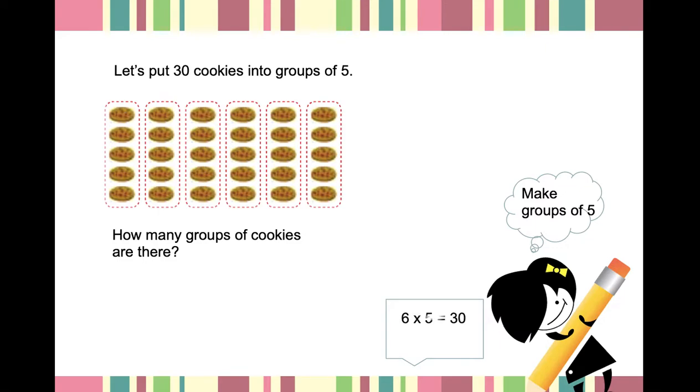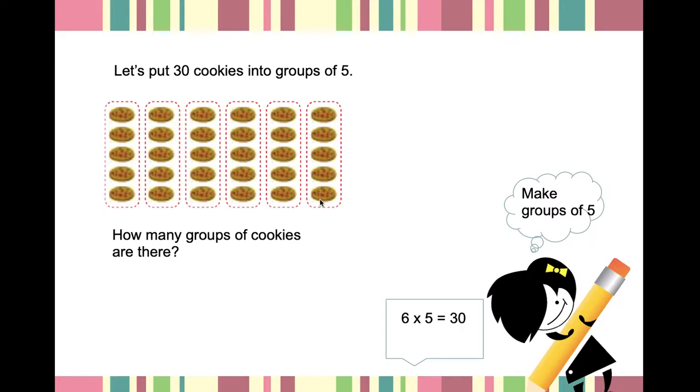There are 6 groups of cookies, 1, 2, 3, 4, 5, 6, and in each group we have 5.